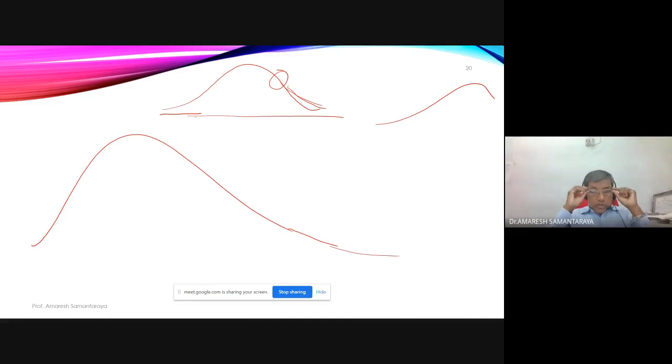So first, this probability distribution has some properties which are helpful for us to draw conclusions about beta 1. Second thing, even if the properties are helpful for you, still you cannot say with 100% precision that beta 1 is this number.